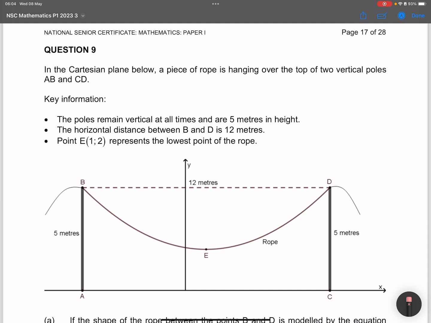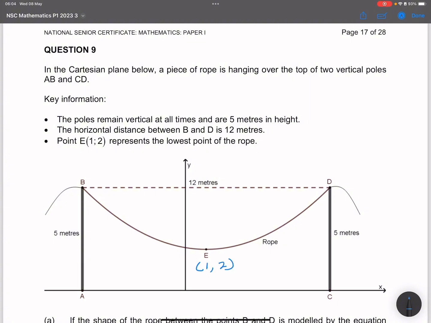Point E, which is (1, 2), represents the lowest point of the rope. Now, firstly, I see that this rope represents a parabola with a turning point, in this case at E, which is (1, 2).